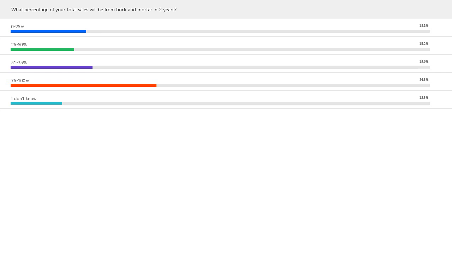So it looks to me as clearly the brick and mortar folks are figuring that they're going to move towards an e-com direction, and the 25% is going down to 19. So I think everybody is on board now with the concept of having the omni-channel connection with your customers. So good to see that.